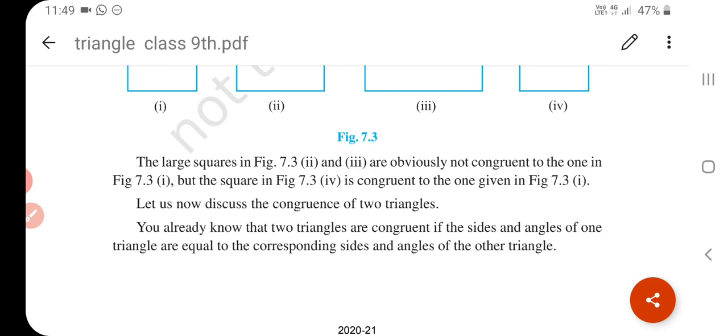Obtuse angle triangle means one angle is greater than 90 degrees. And right angle triangle means one angle is equal to 90 degrees.